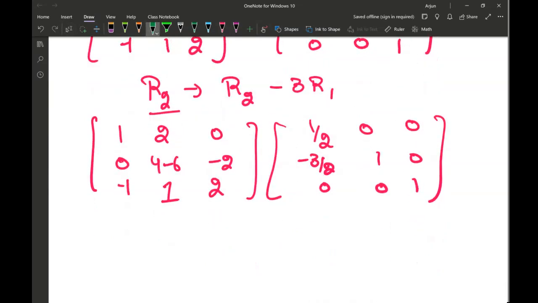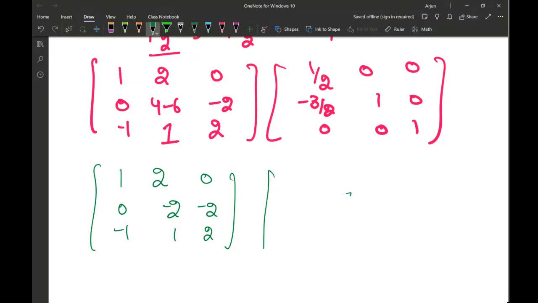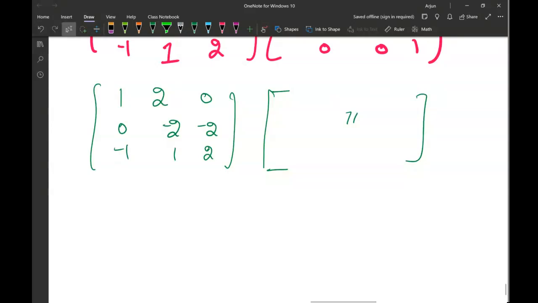I'll just simplify this one. Before moving to the next operation, the row is 0 -2 -2, and then -1 1 2, and the first row remains as it is. All right, now I will apply the operation on R3: R3 plus R1.